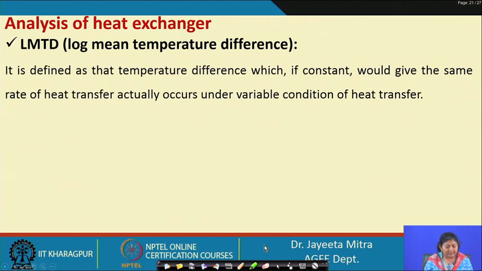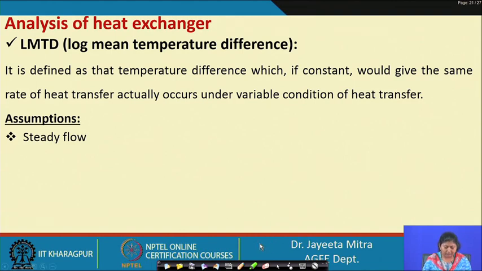It is defined as the temperature difference which, if constant, would give the same rate of heat transfer that actually occurs under variable conditions of heat transfer. So, let us check this by calculating the value of LMTD.